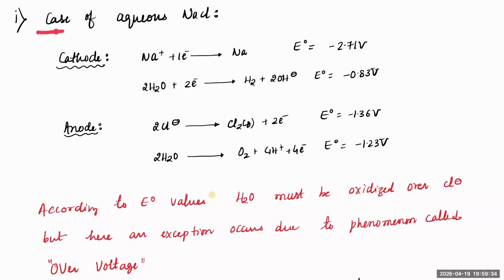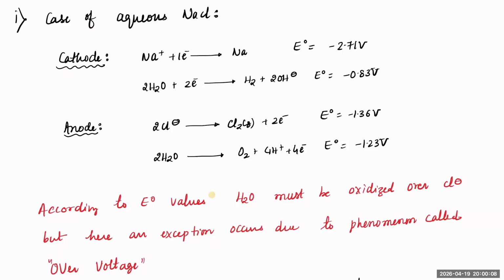This is what we need to understand to see how the electrolysis of aqueous NaCl works. So notice this. At the cathode, what are the species competing? One is Na+, the other one is water itself. Water is sufficiently polar, and when it notices there are electrons approaching at the cathode, water also has the affinity to attract those electrons.